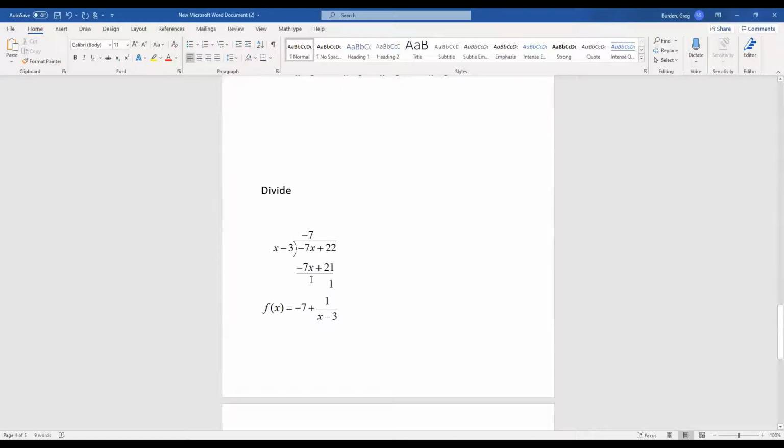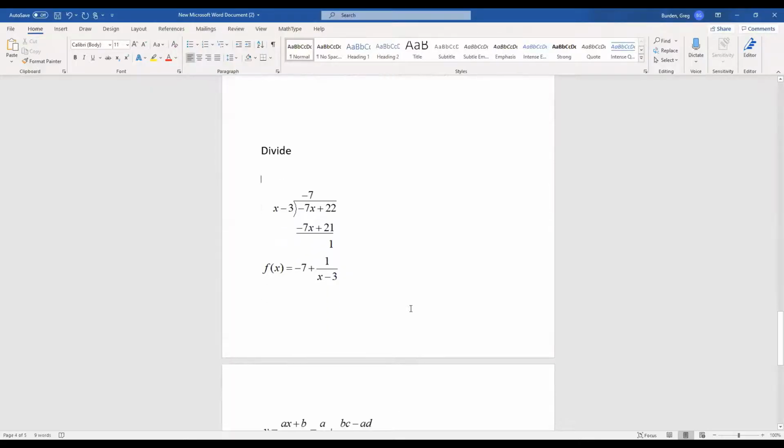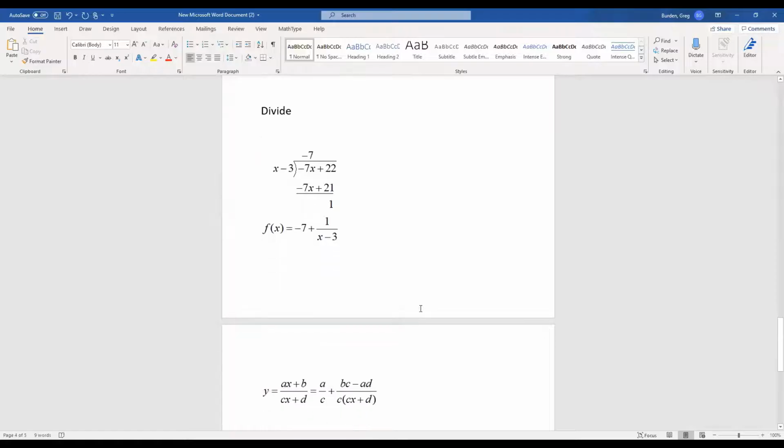After we divide it out, the quotient is negative 7, but there's a remainder. The remainder still has to be divided. If I divide it by x minus 3, we have negative 7 plus 1 over x minus 3. Because fractions are implied divisions, if you use division, you can often analyze the result and figure out more about what you're dealing with. And I'm sure we'll see that in some subsequent video.